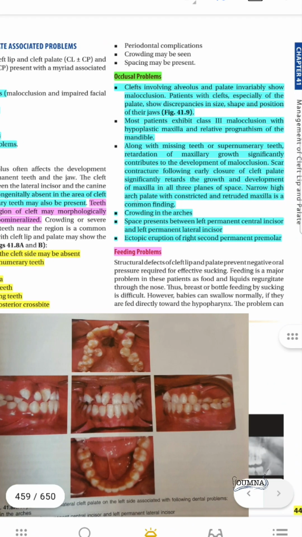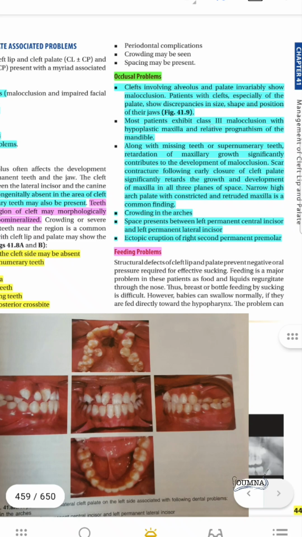How is this? The alveolus and palate will invariably show malocclusion. So we will see discrepancies in the size, shape, and position of the jaws.